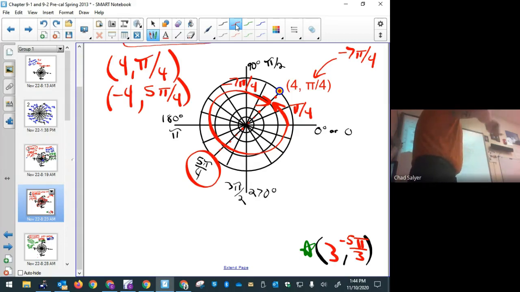In the same way that pi and negative pi are the same, because they land on the same terminal ray, pi over 4 and negative 7 pi over 4 are the same angle. As far as angular deflection is concerned, it only matters where you stop rotating. If you stop rotating here, you're pointed at pi over 4. If you stop rotating here, you're still pointed at pi over 4. Just the means by which you got there is different.